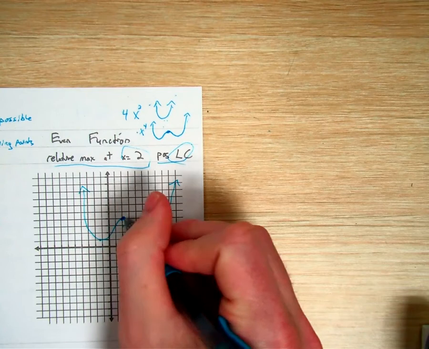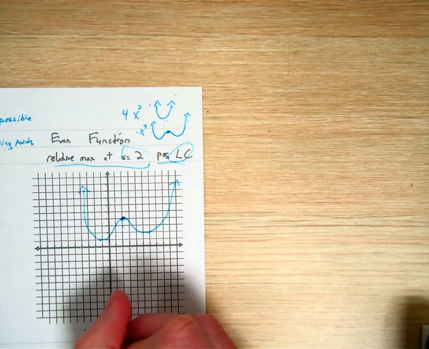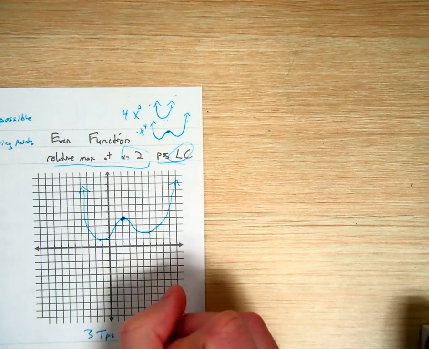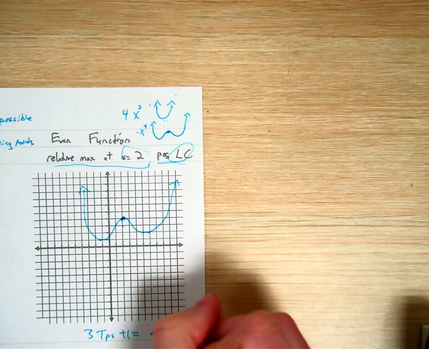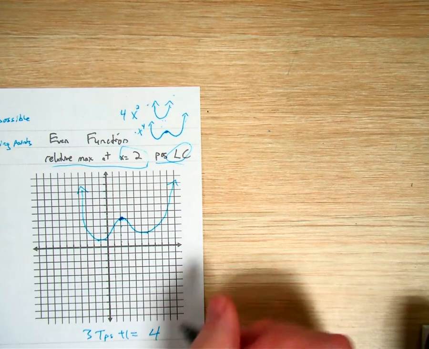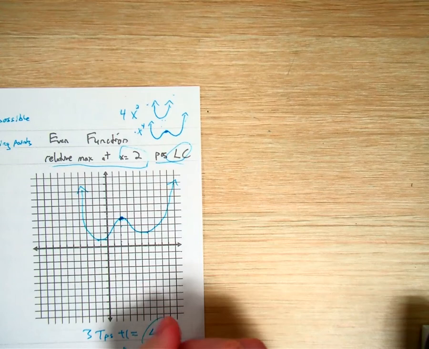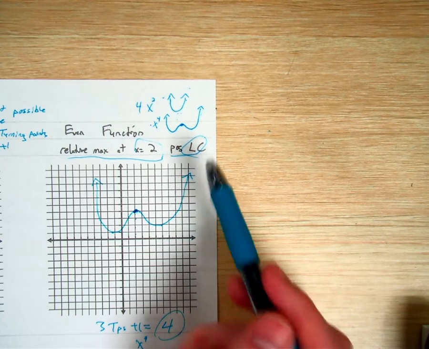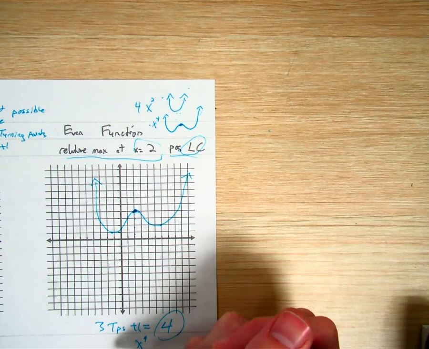So there would be 1, 2, 3 turning points, 3 TPs, plus 1 would mean the smallest possible degree we could do this with is a fourth degree, or an x to the fourth. Okay, and we kind of also talked about why that would be the smallest possible degree you could do it with.